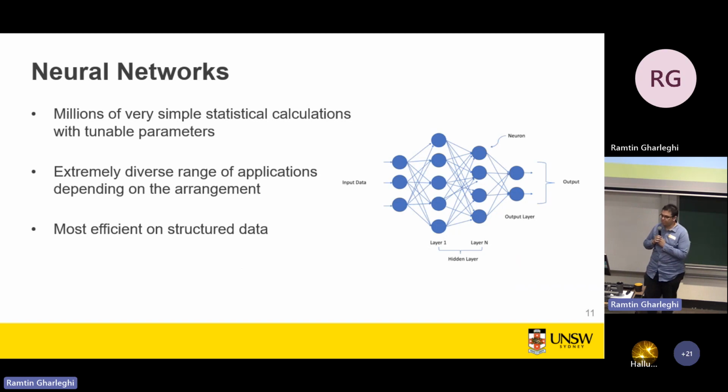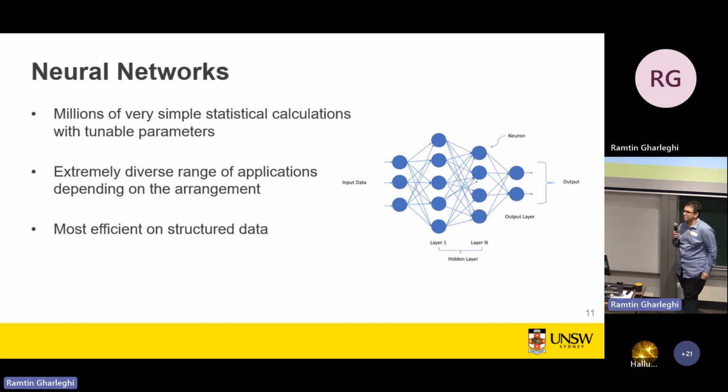In particular, we're using a neural network. Neural networks have been mentioned a lot today, but just as a brief introduction, you have several millions, and apparently with new large language models now billions of statistical neurons stacked on top of each other.